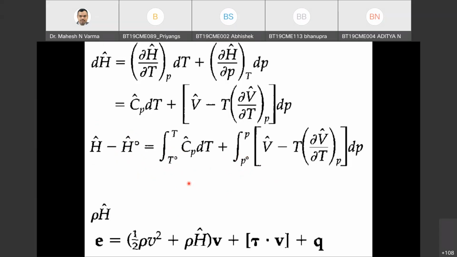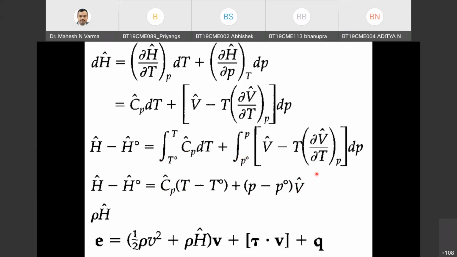If I integrate this equation, what will I get? H minus H0 equals Cp (T minus T0) plus (P minus P0) times the specific volume.